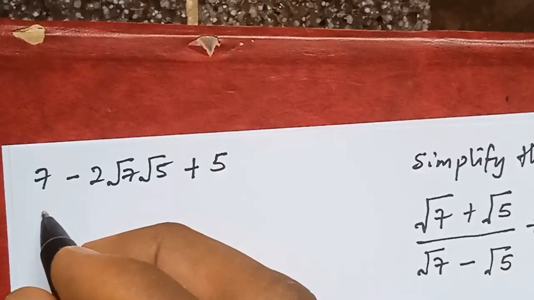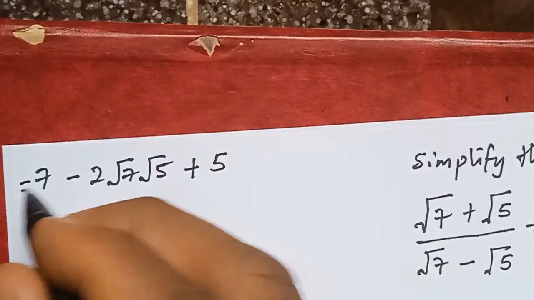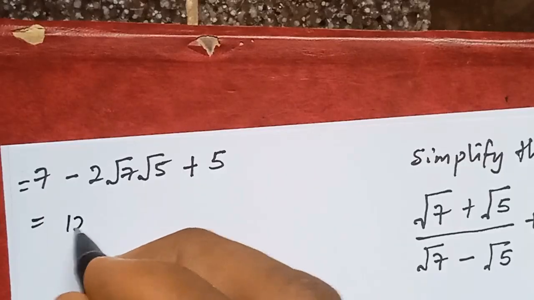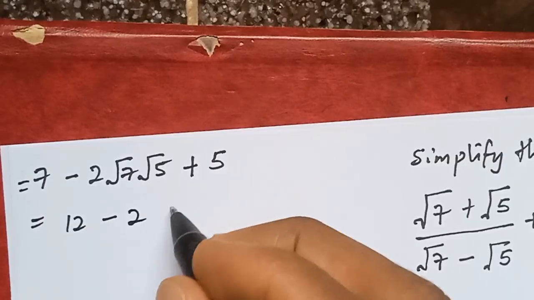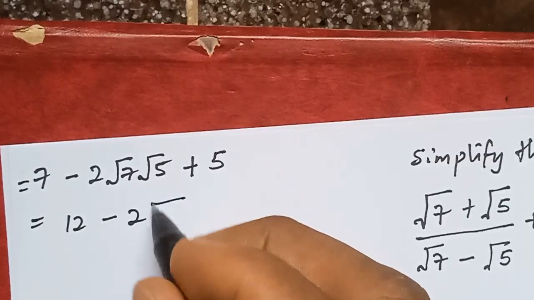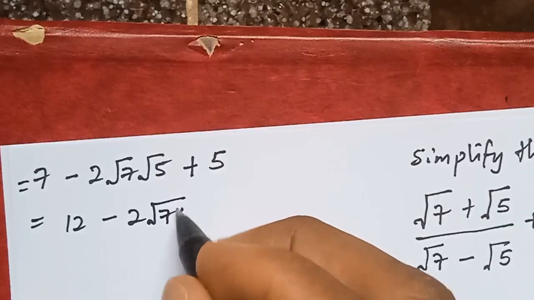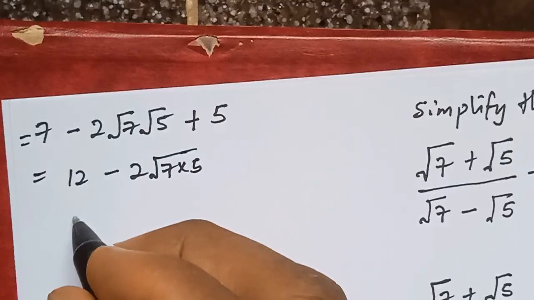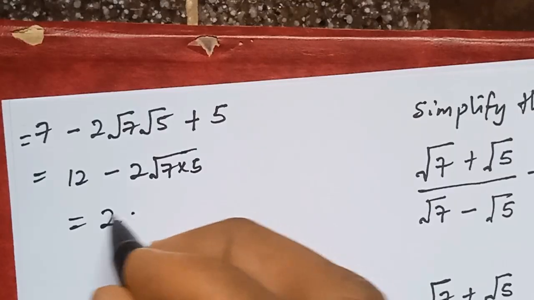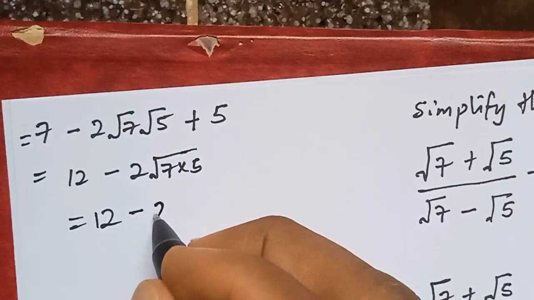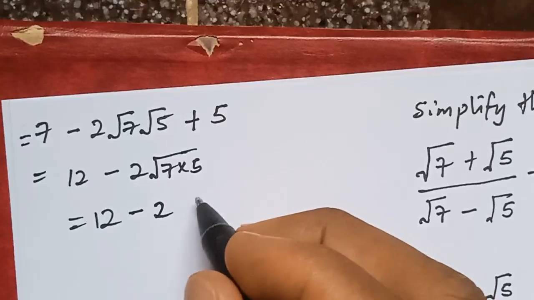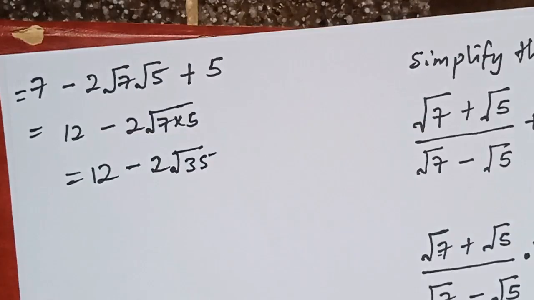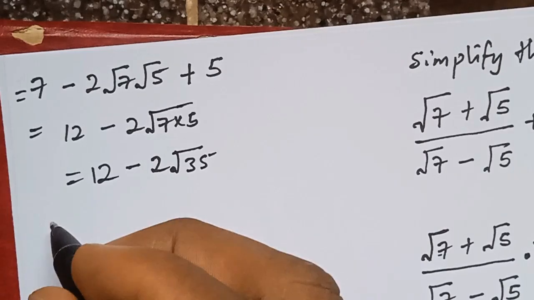Okay, and that is equal to this plus this will give us 12 minus 2, and this can be written as 7 multiplied by 5. Okay, and that gives us 12 minus 2 square root of 35.